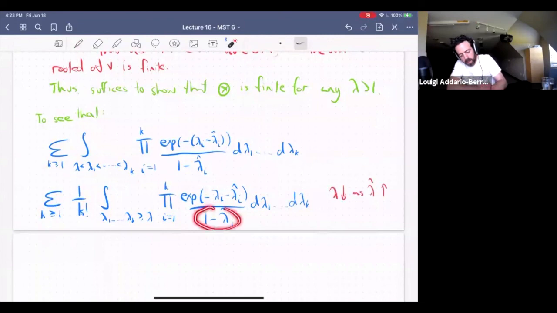That means these denominators, the 1 over 1 minus lambda hat factors, give you the biggest contribution at lambda.